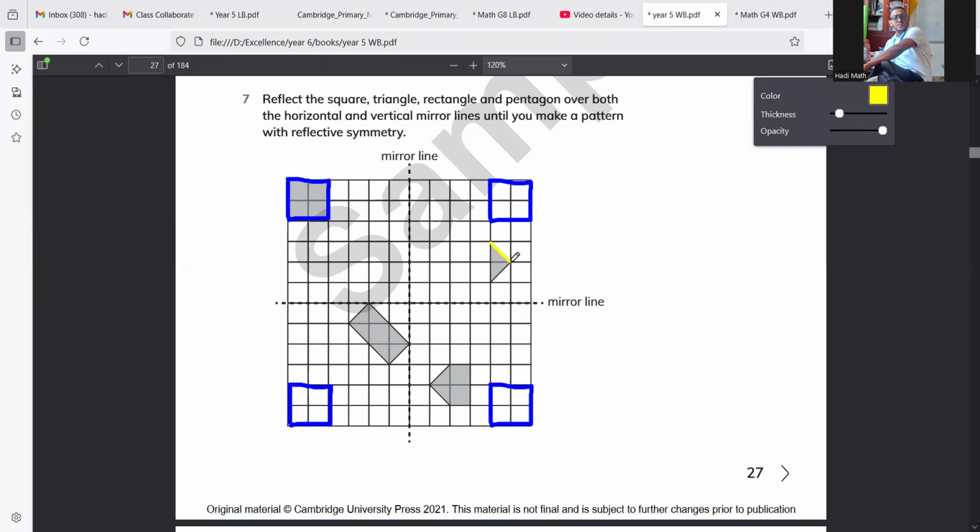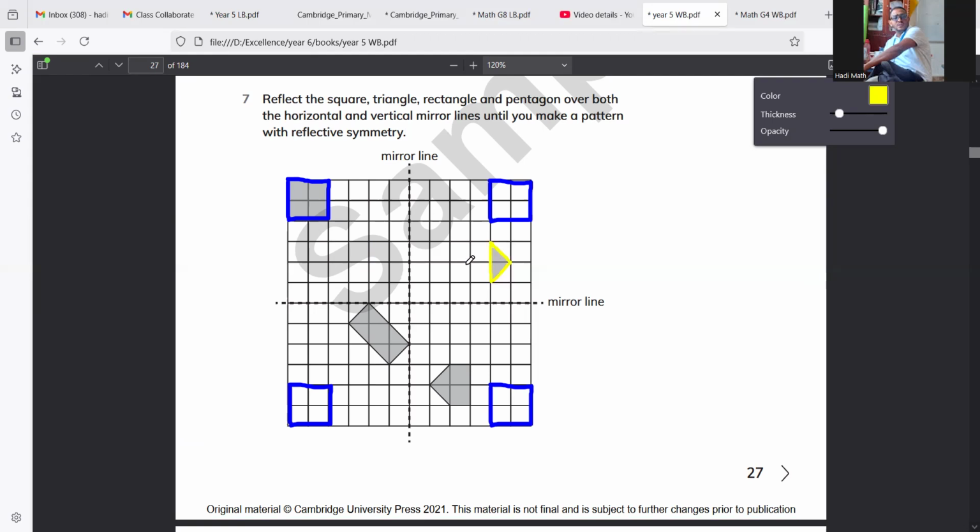If you would like to reflect this one, it is hard to make a copy from it and reflect it over here. You need to draw it again. Why do we need to draw it again? Because when we reflect it over the vertical line, right will be left and left will be right.